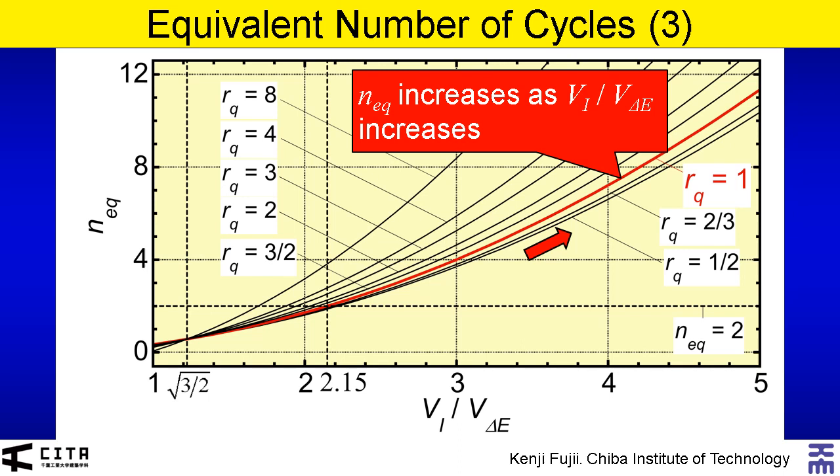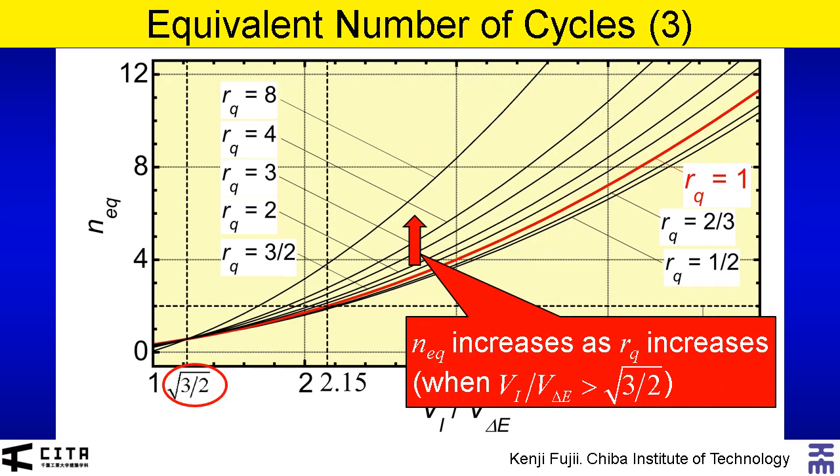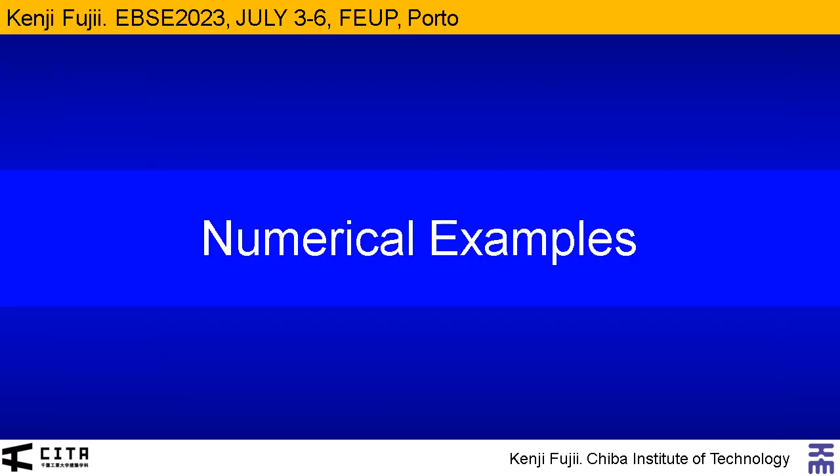We see that NEQ increases as the ratio Vi over V delta E increases. In addition, when the ratio Vi over V delta E is larger than the square root of 3 over 2, NEQ increases as RQ increases. So, let us move to the numerical examples.